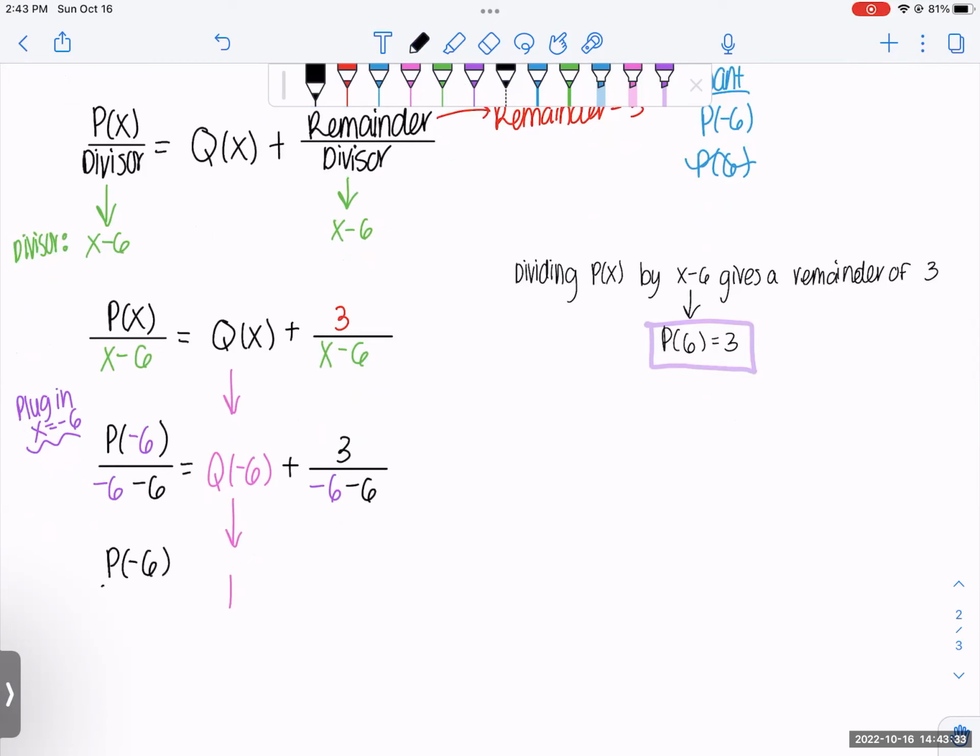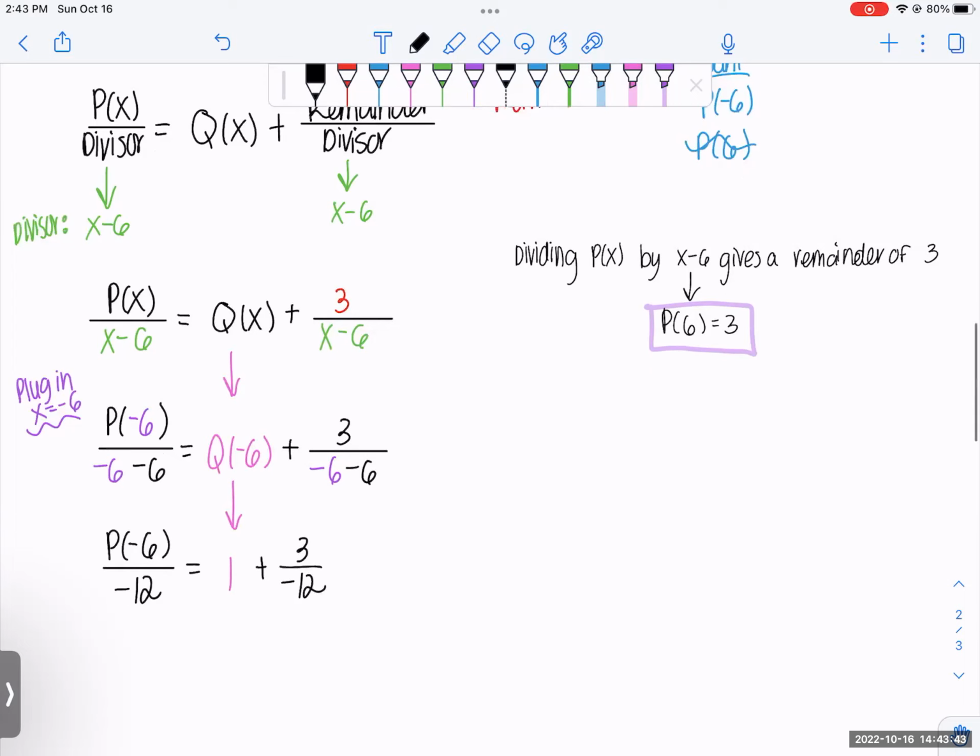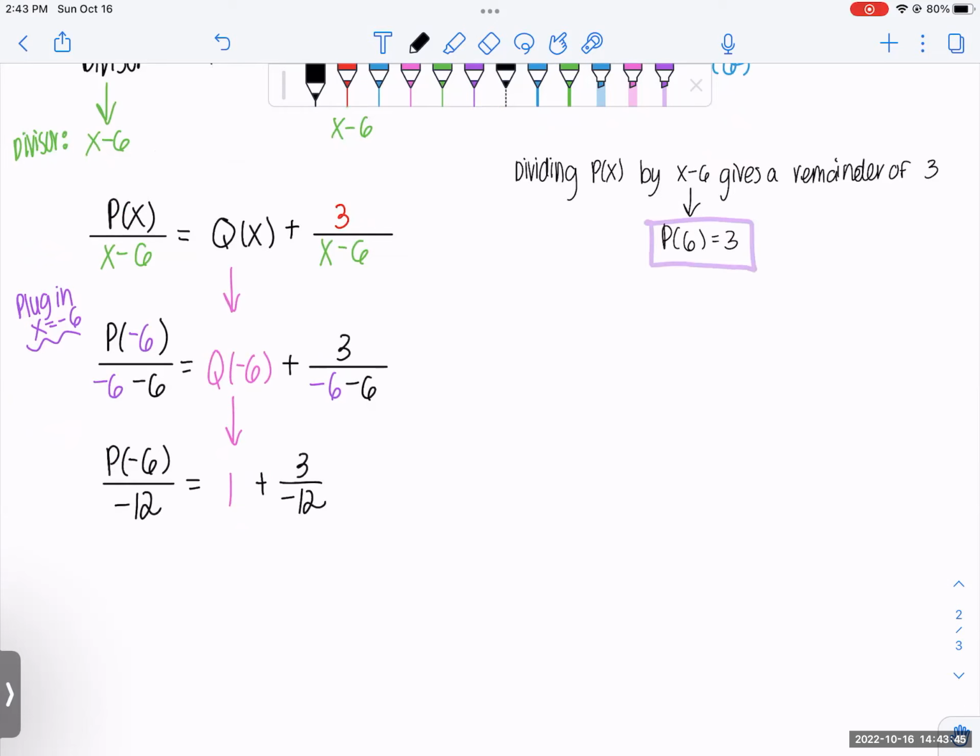We want that. Negative 6 minus 6 is negative 12, plus 3 divided by negative 12. Well, now I have p of negative 6 divided by negative 12 is equal to 1 minus 1/4, which reduces down to 3/4.